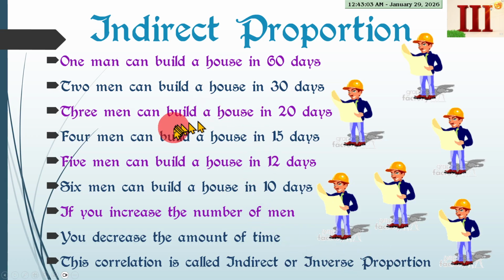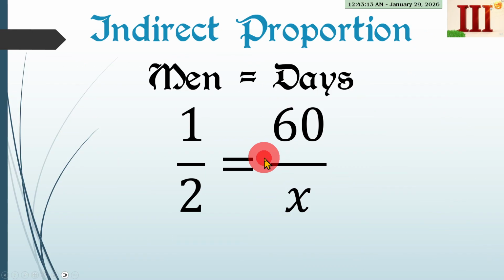Usually it has to do with people doing work or a scenario that involves time. The people don't even have to do work, as in examples that we'll be using. Let's consider this. The one man does it in 60 days.